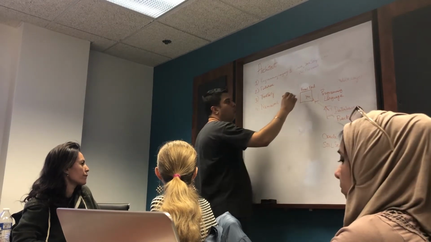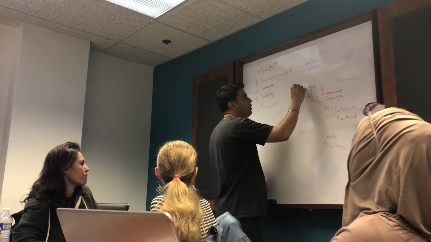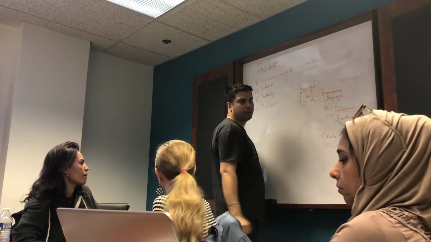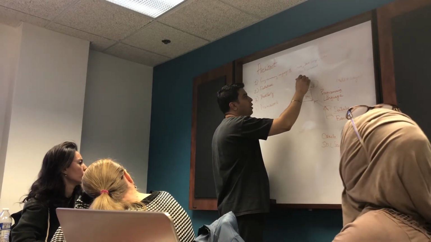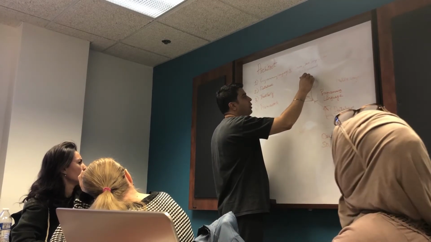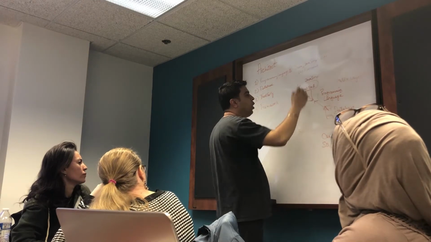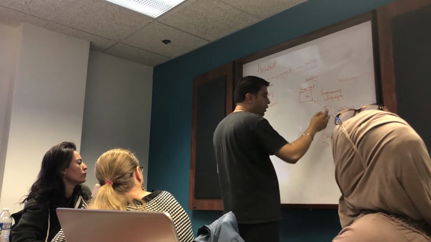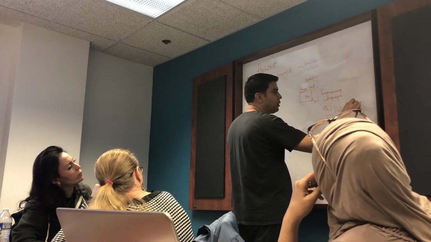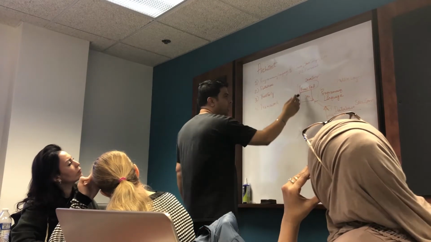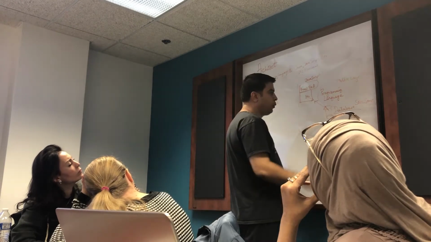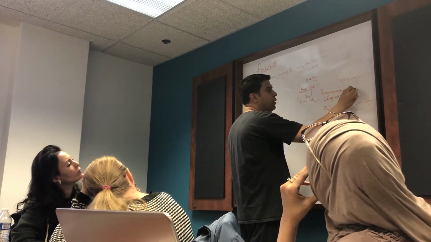So what programming language will we build the front end in? Okay, so let's say we build front end with JavaScript. What database are we going to use? We are going to use SQL Server, let's say. Okay, what other programming languages do we need to use? Because we will need SQL.